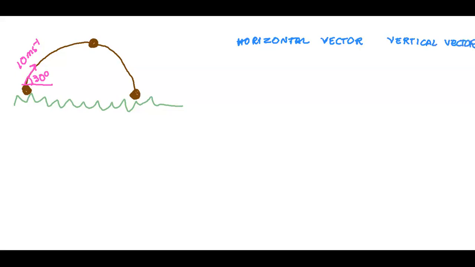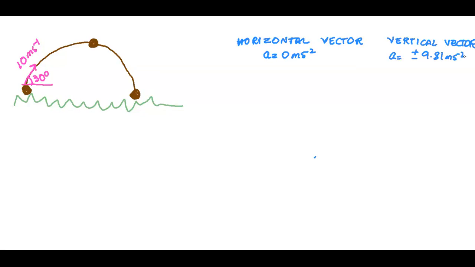We are writing it down from our rules. So from the horizontal vector, we know that horizontally acceleration is 0. So horizontally, there is no acceleration. In the vertical vector, my acceleration will be plus or minus 9.81, depending upon whether my ball is going up or coming down.